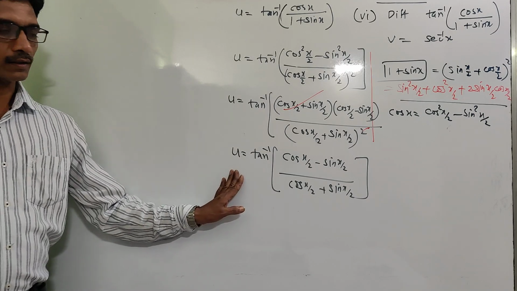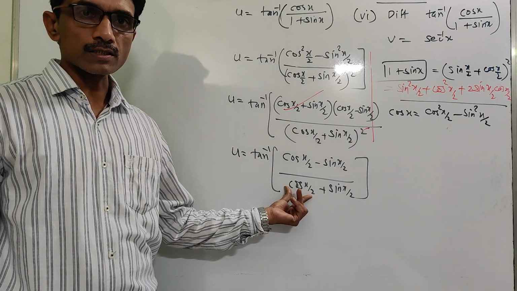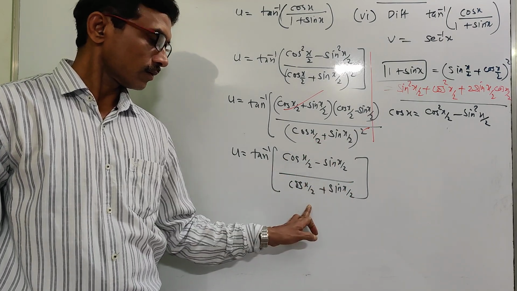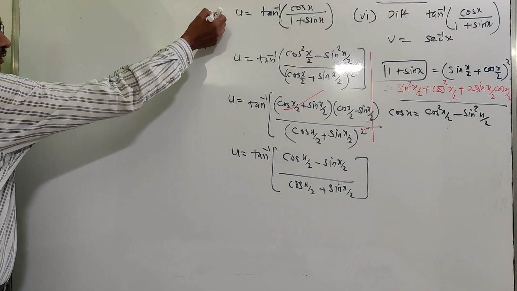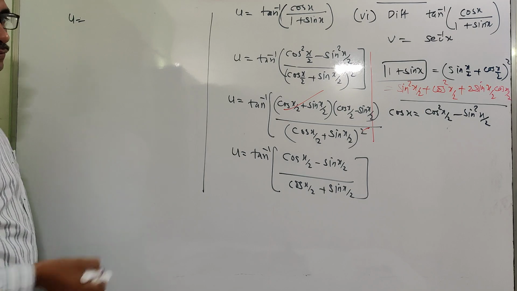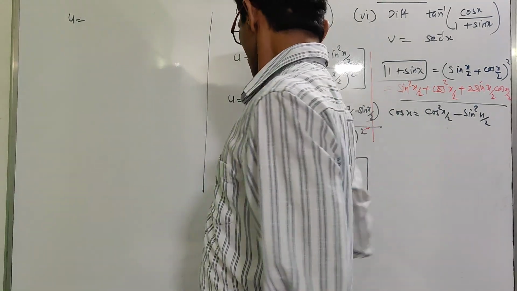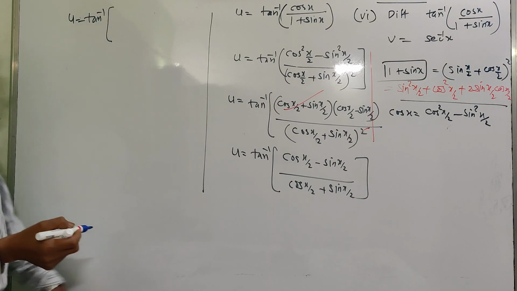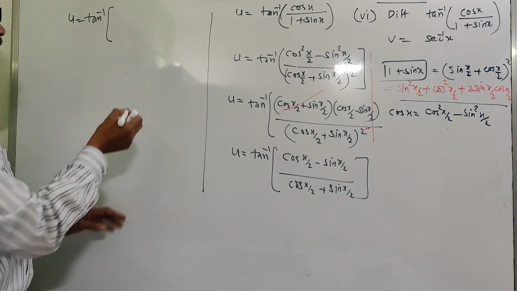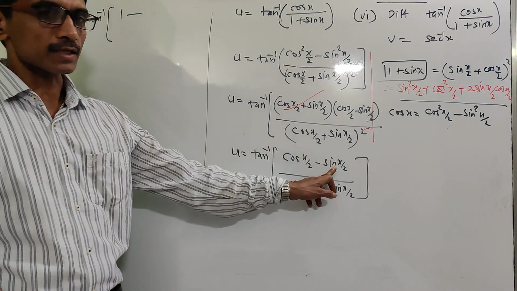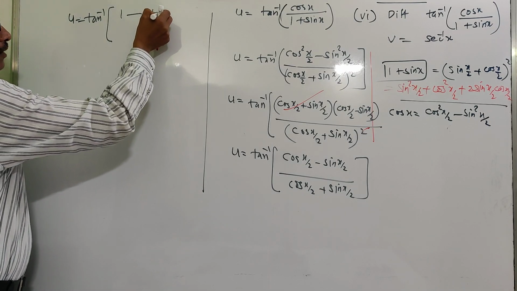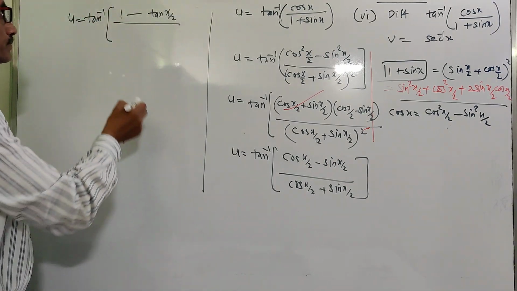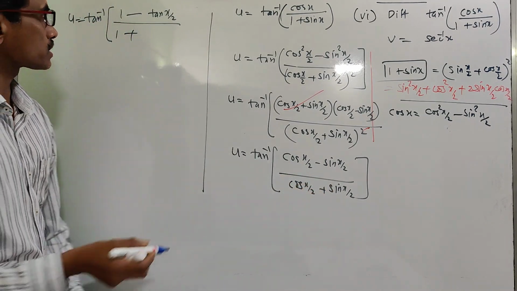Now we arrive at the answer. See, if we divide by cos x by 2, we can express it in tan. So we divide numerator and denominator by cos x by 2, so that u is equal to tan inverse of, dividing numerator and denominator by cos x by 2, 1 minus sin upon cos, which is tan of x by 2, upon 1 plus tan x by 2.